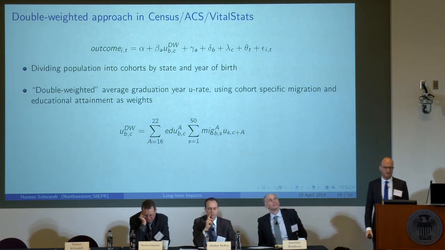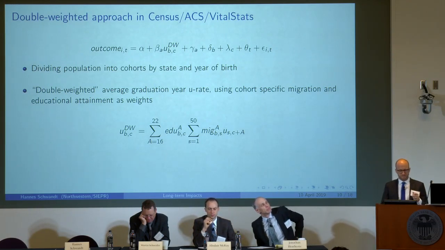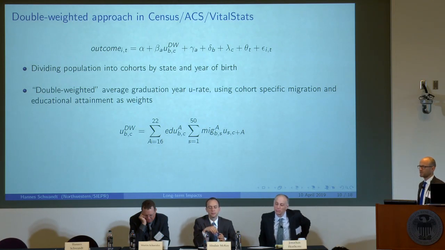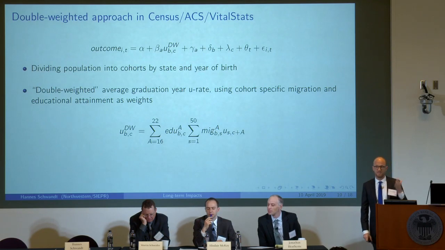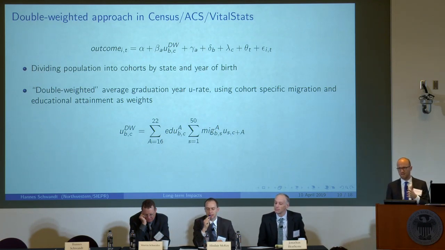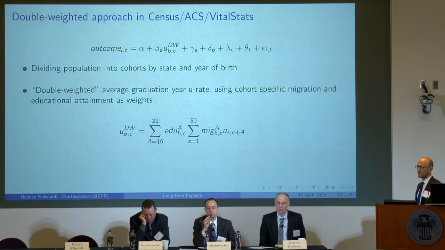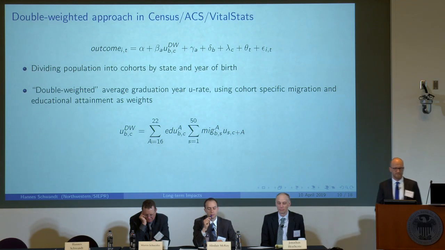In this case, we would just take the average of the unemployment rate in Minnesota in 78 and in 80, and in Wisconsin in 78 and in 80. So every unemployment rate would get a quarter weight. And this will then be what we call the double-weighted unemployment rate.